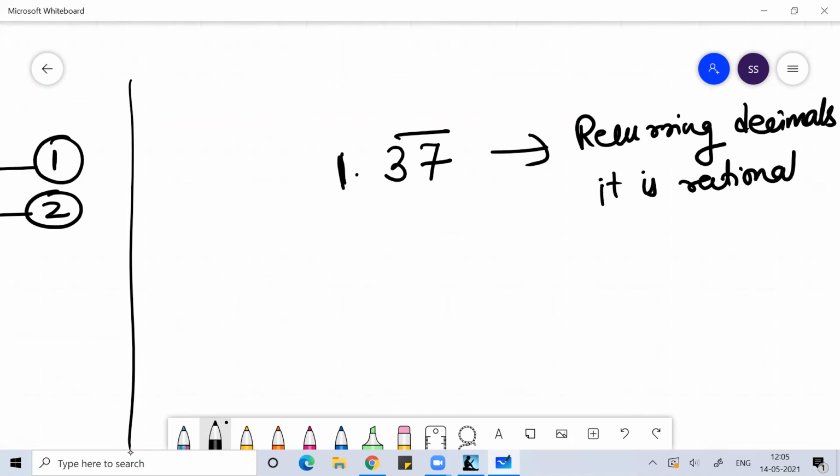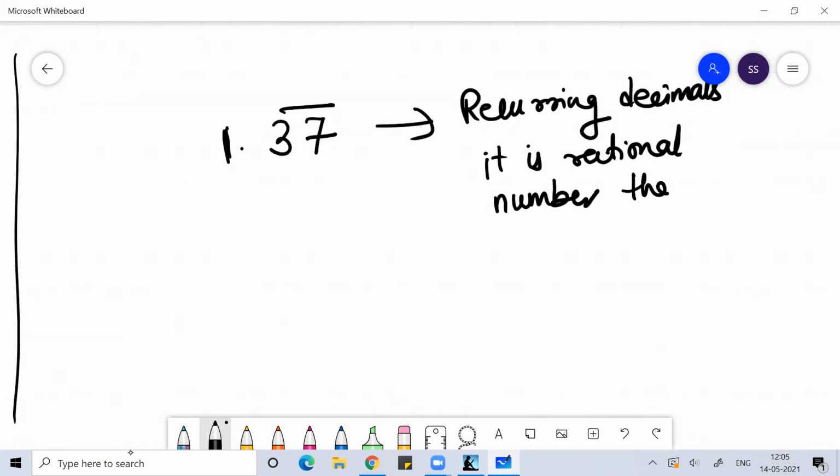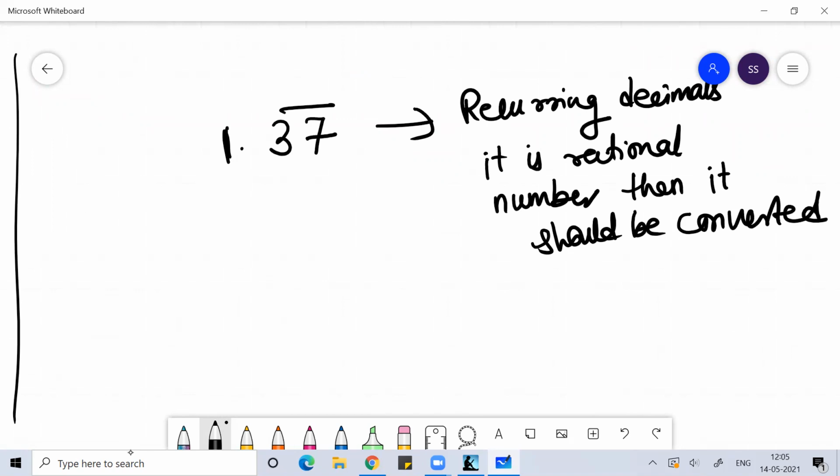If it is a rational number, then it should be converted into P by Q form. So now the question arises, how can you convert this into P by Q form?